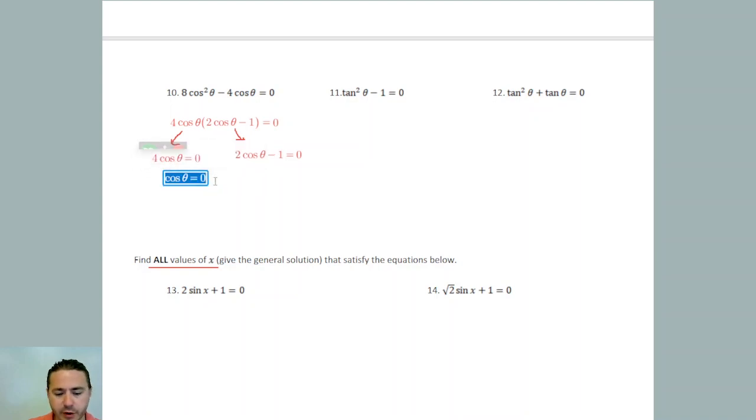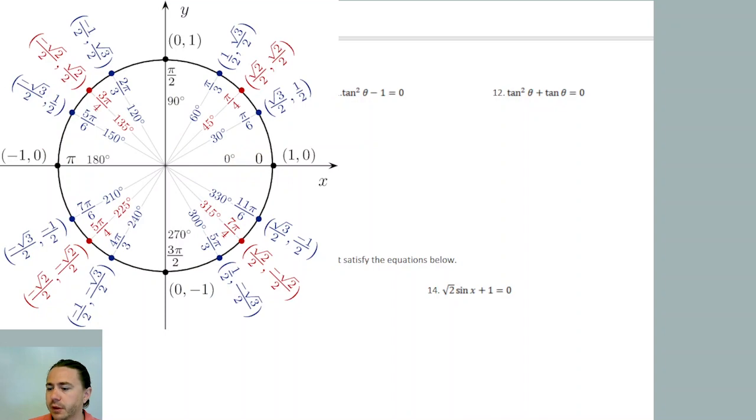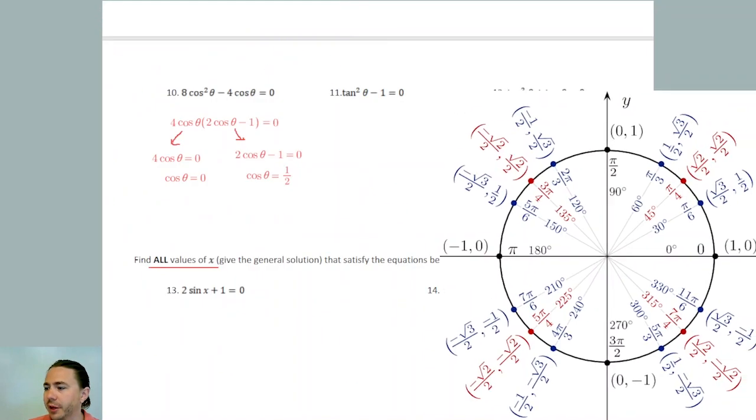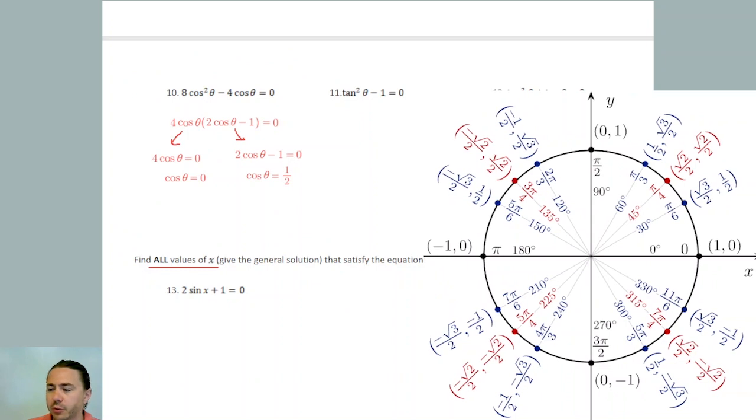And that'd be positive 1/2. So I'm looking for all of the theta values, all the angle measures whose terminal side intersects the unit circle, where the x-coordinate, because we're talking about cosine here, is either 0 or 1/2. So let's bring back that unit circle, and we're going to find where this is.